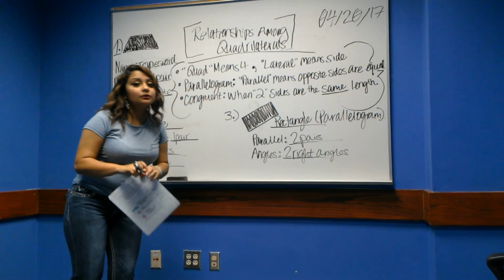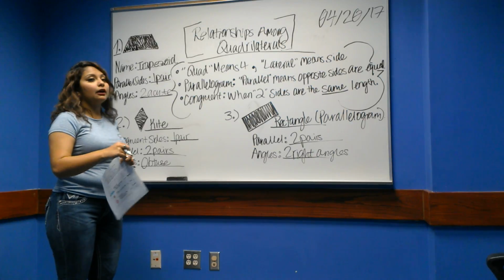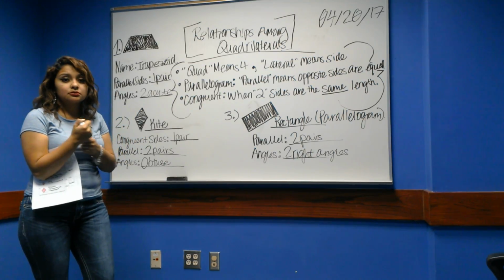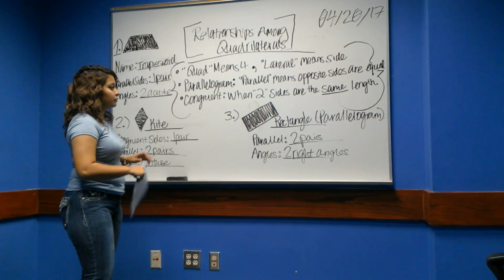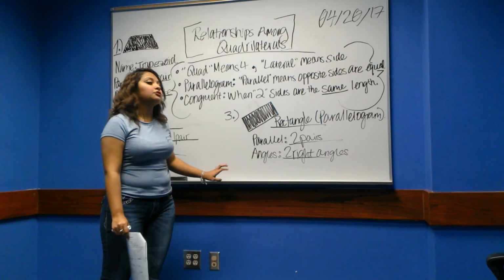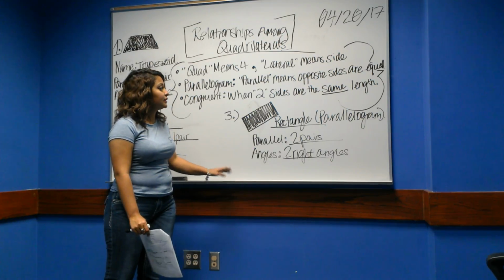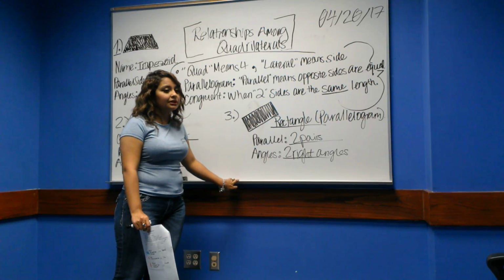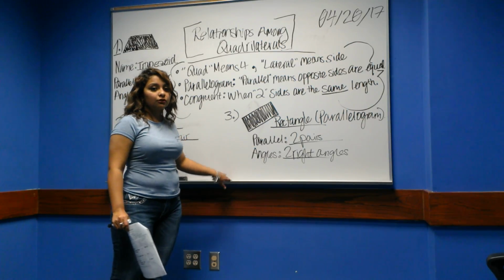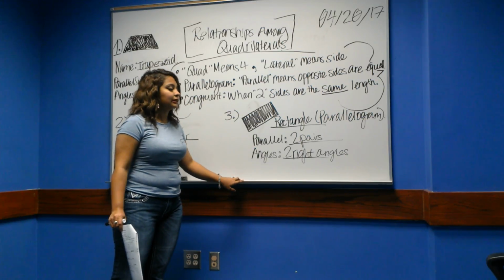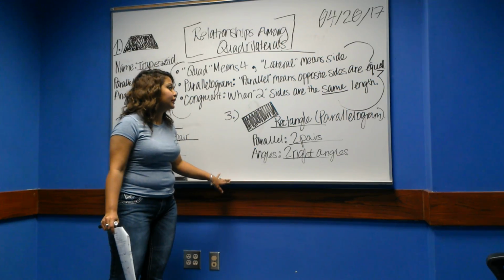Okay, so is anybody confused about how we can identify relationships among quadrilaterals? No? If there are no more questions, I need for y'all to start on that worksheet. If you do not finish the worksheet, you're gonna have to take it home for homework. Y'all still have about 10 minutes before the bell rings, so get started on your worksheet, and I'll give you a 5-minute warning when it's getting closer to the bell getting ready to ring.